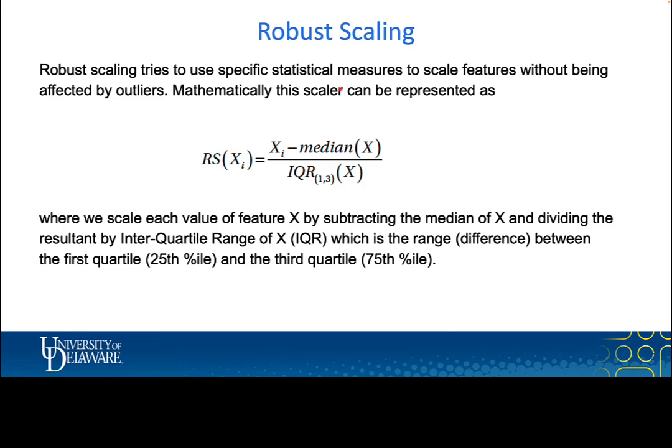Mathematically, this scaler can be represented by this formula, where we scale each value of feature x by subtracting the median of x and dividing the resultant by the interquartile range of x, or IQR, which is the range difference between the first and the third quartile.